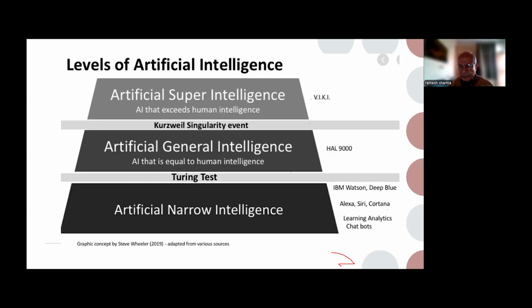And super intelligence, some say that the work is being done, and that's why some of the scientists have cautioned the industry, asked them, can you stop working on AI for some time, because we don't know in which direction things may go.